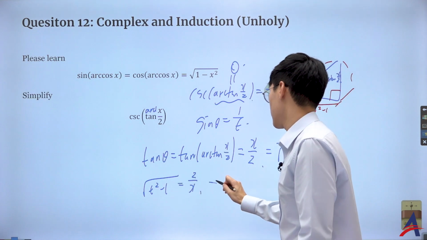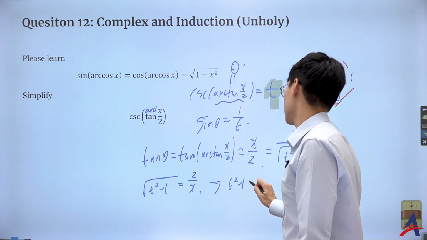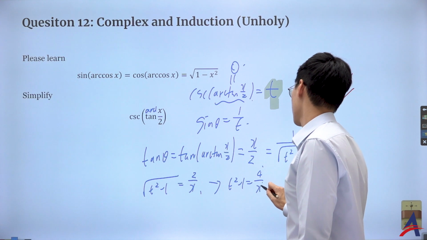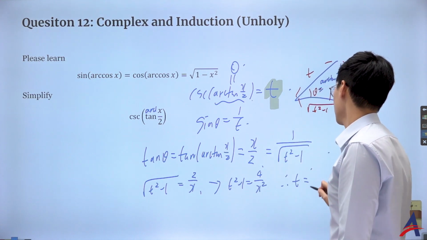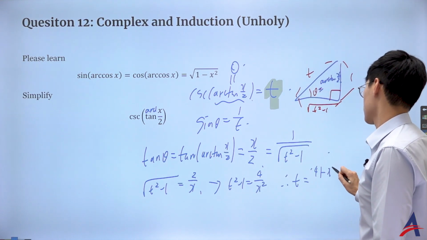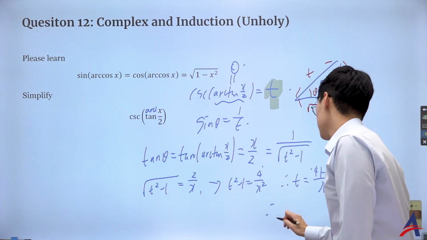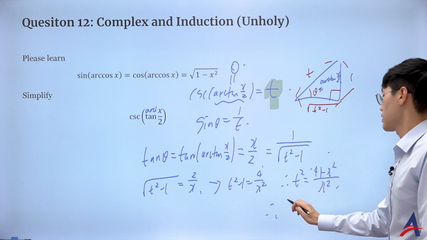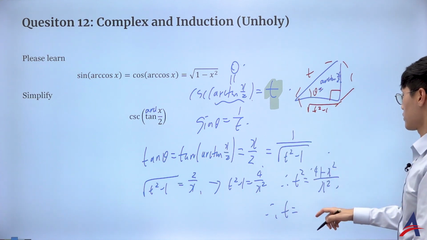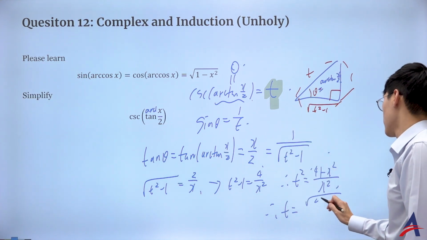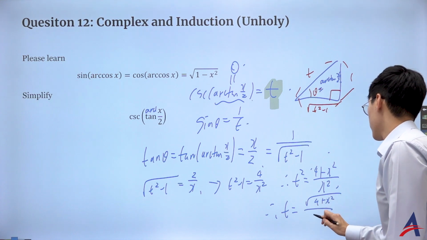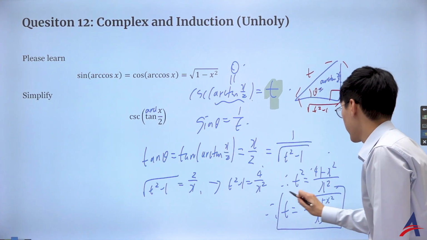I'm going to square it, so t squared minus 1 is 4 over x squared. Therefore, t squared is 4 plus x squared over x squared. Aha! So t squared, my bad. So t, which is the answer that I wanted, will be the square root of 4 plus x squared over x. So that is also the way we can do it.